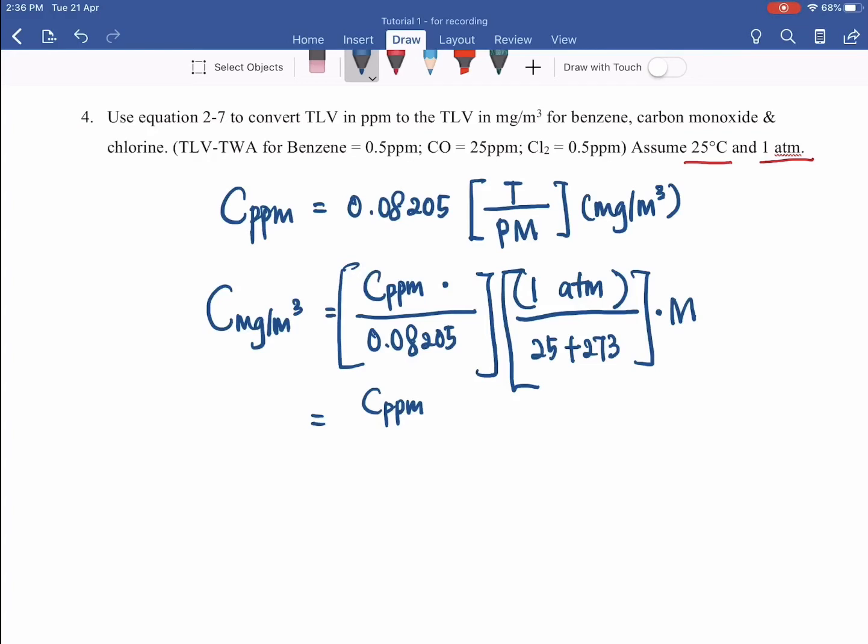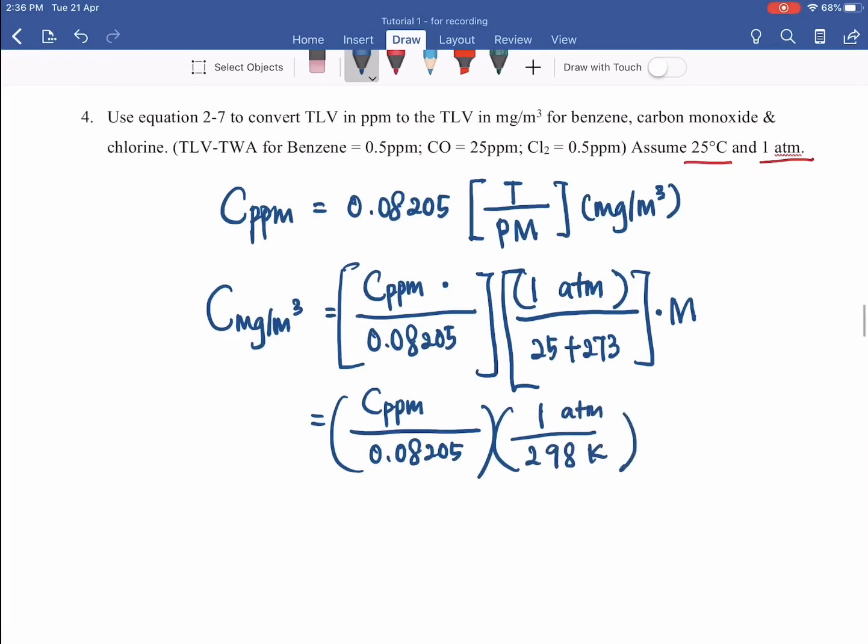Okay, so again we have 0.08205 divided by, times 1 over 298, this one in atm, this one in Kelvin, times molecular weight.